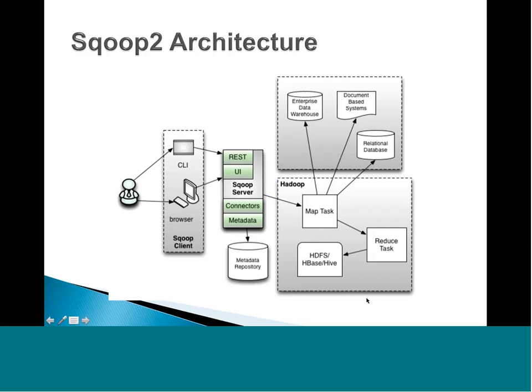So to address that, they came up with this new architecture, and administrators need to be aware of this because once they understand how to tune the performance, they can tune it. Otherwise, they might not be able to tune it. So for that reason, administrators need to be aware about the way data is copied between Sqoop and Sqoop2.